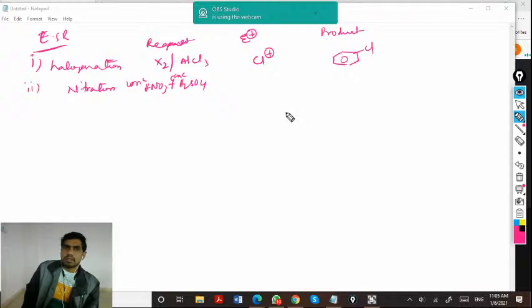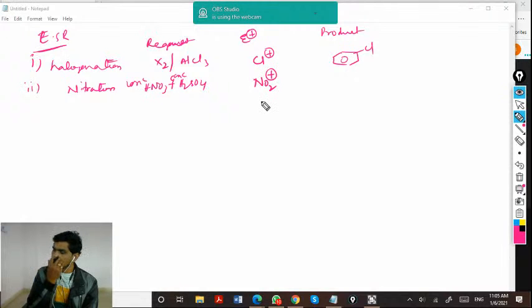This may be useful for an easy recap. If it is nitration, the NO2 electrophile will form. The resulting product is nitrobenzene.